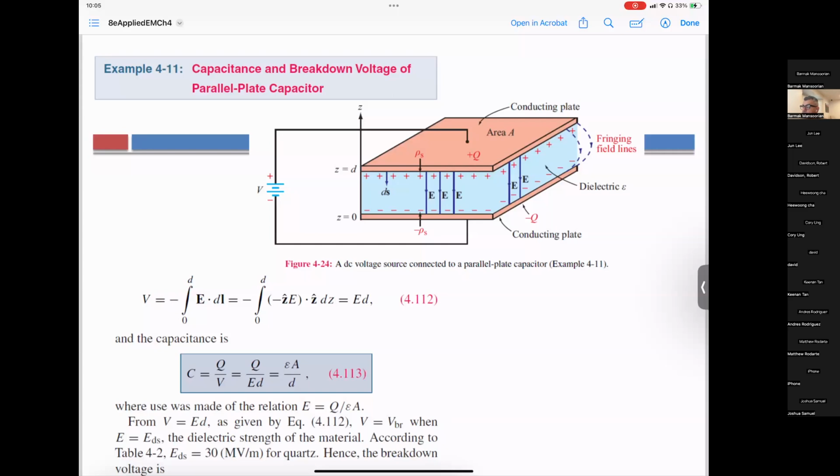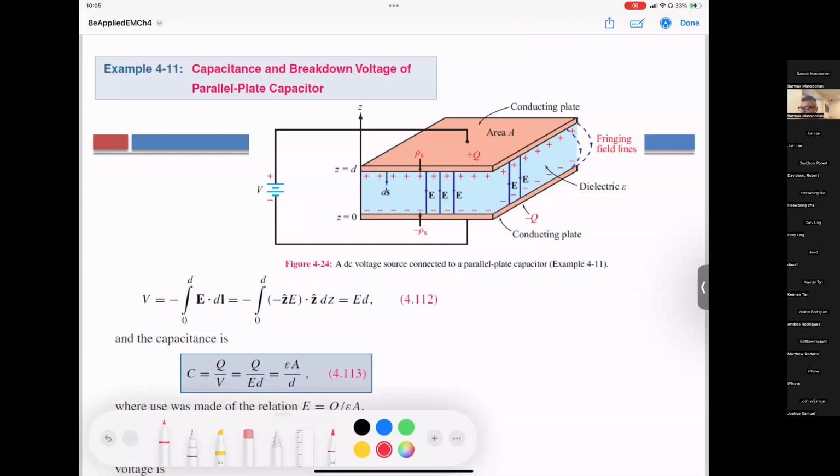If the two plates are parallel to each other, the electric field lines are running vertically between the plates. Of course, at the edges of this metal dielectric sandwich, you have electric field lines that are not running vertical.